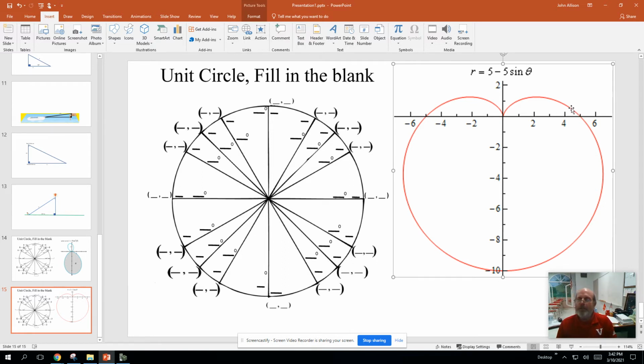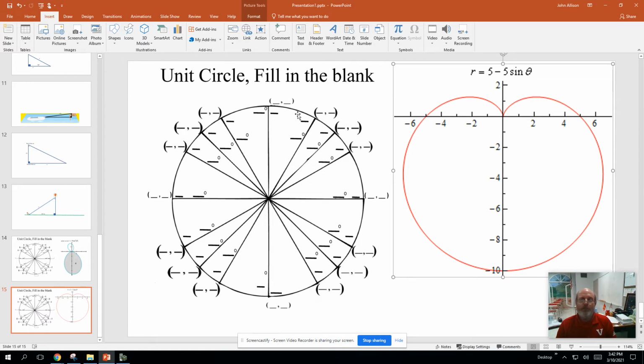Now we think about when the next time the sine becomes 0, when the r value is going to become 0. Think about what's going to happen here. The sine is going to start getting larger. As we rotate from 0 to pi over 2, the sine is going to be getting larger, going from 0 to 1. When the sine becomes 1, this becomes 5 minus 5 times 1, or 0.